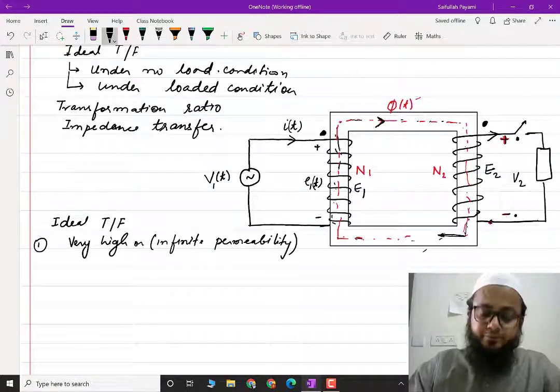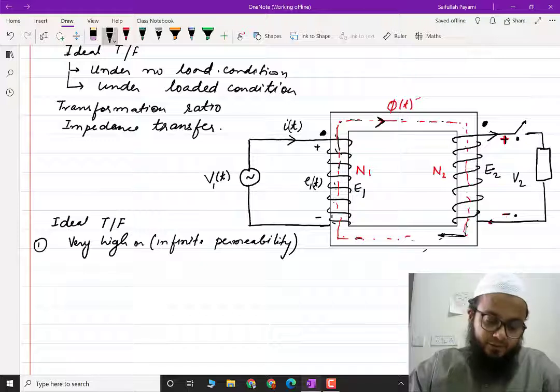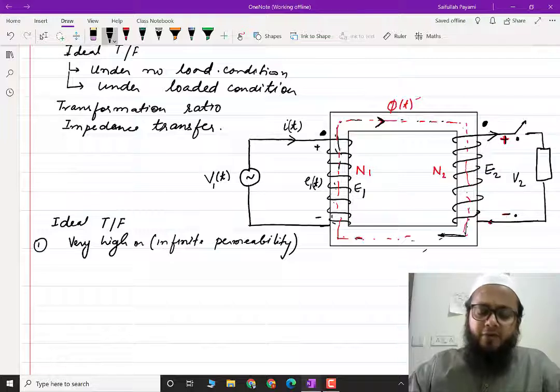That means to establish a desired amount of flux, it needs very little or almost zero magnetizing current or MMF.